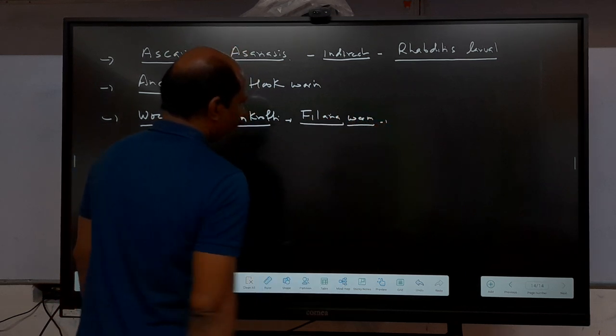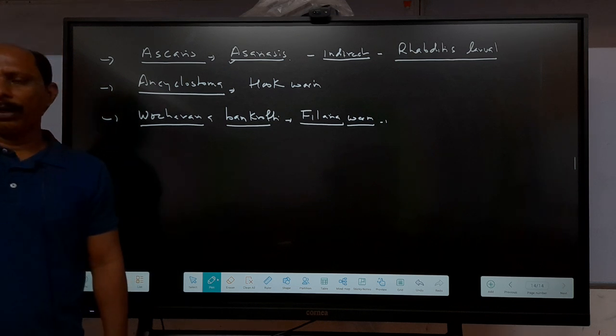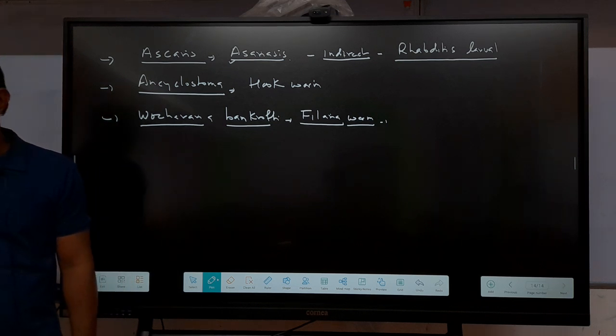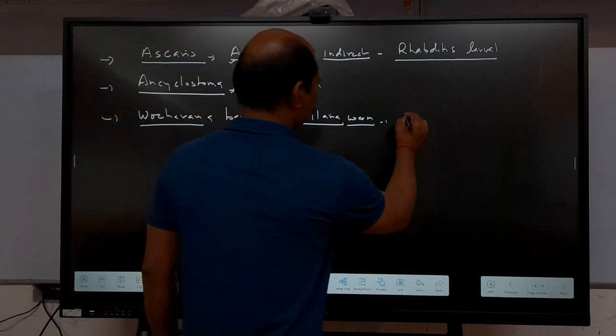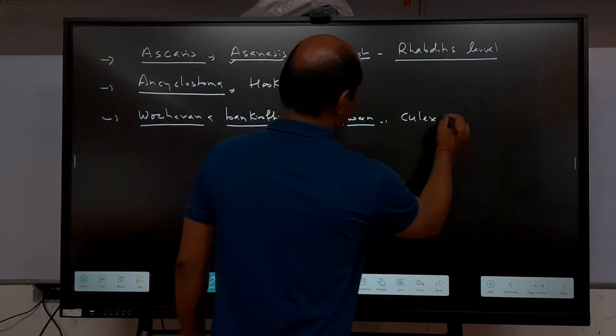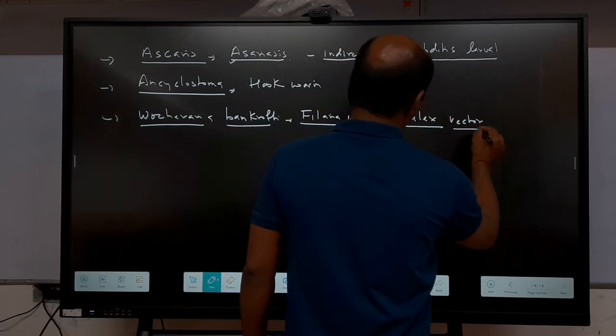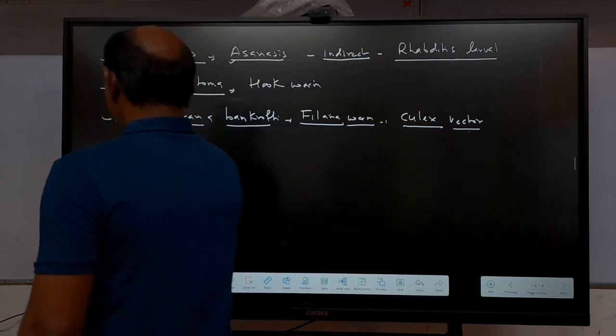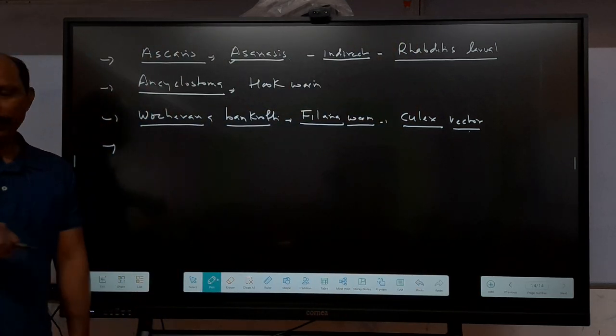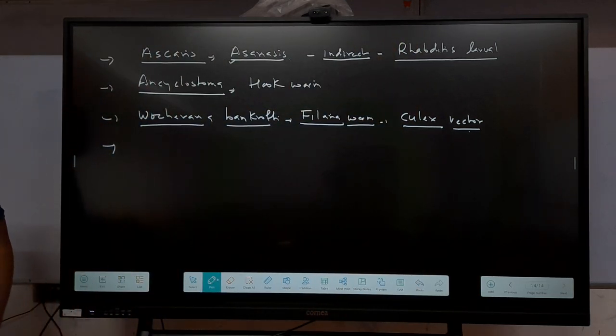And one thing is there: who is the vector of this Wuchereria bancrofti? We know it is the Culex mosquito. Culex, female, that is the vector, right? Another we have also like carrier host.